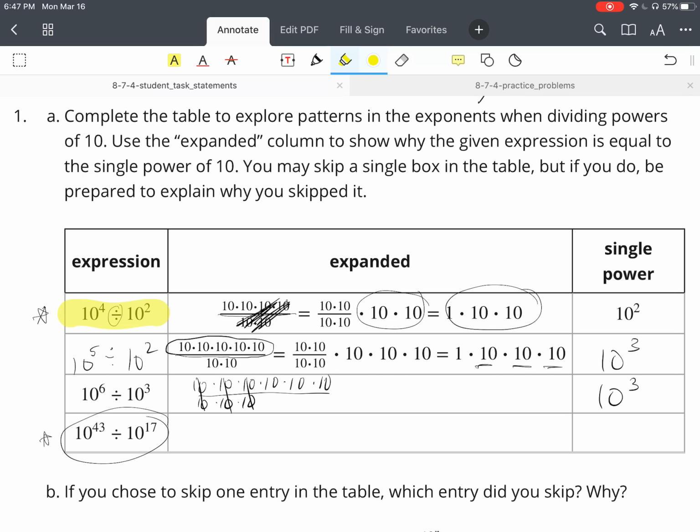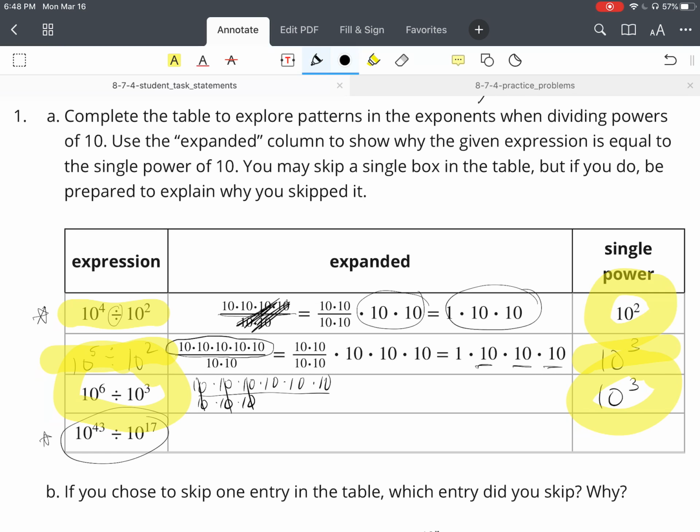It almost makes me think of subtraction. 4 minus 2 is 2, and sure enough, that's what we get. In the second one here, we have 5 tens on the top, 2 tens on the bottom, 5 minus 2 is 3, and sure enough, that's what we get. If we follow the pattern, 6 minus 3 is 3, and that's what we get.